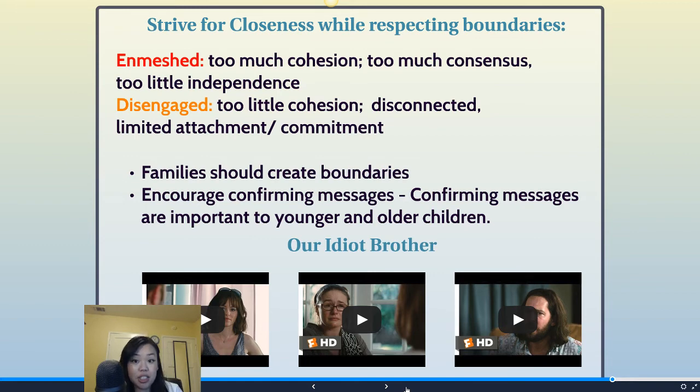And confirming messages, as we've talked about before in our language chapter, deal with providing verbal support for other people by encouraging them and saying, wow, you did this thing, I really enjoy how you did that. I always tell my nephew, show me what you did at school. I love this drawing and I love what you did. And I'm really proud that you got all your vocabulary words and spelling words right this week.